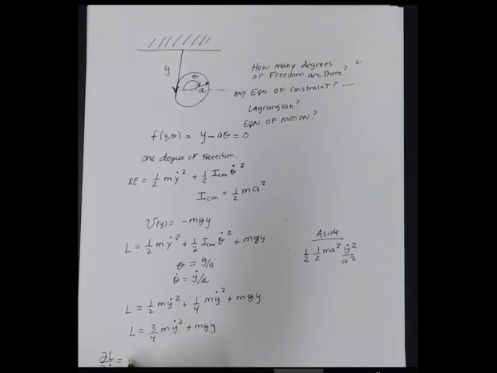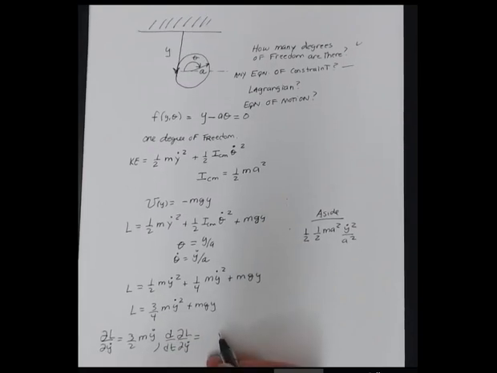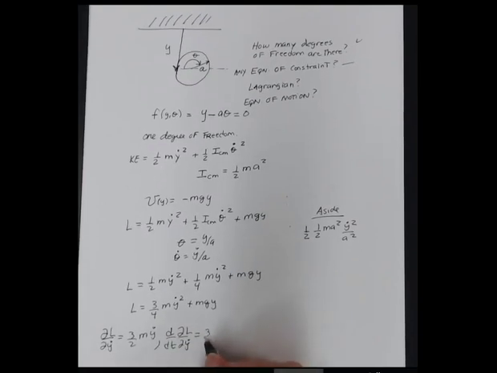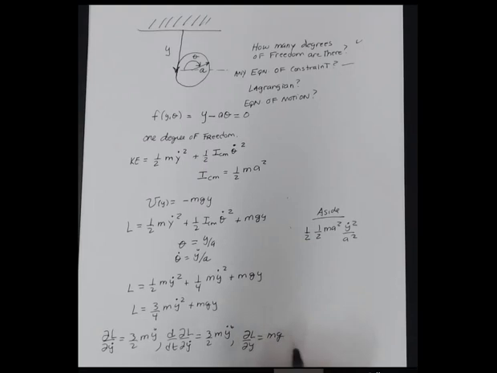That's going to be 3/2 m y dot, and then let's take the time derivative of that. And that is equal to 3/2 m y double dot. And then we have dL/dy, which is just mg.